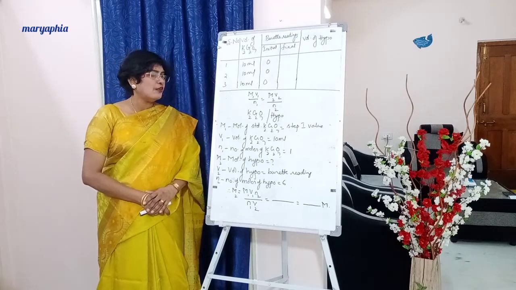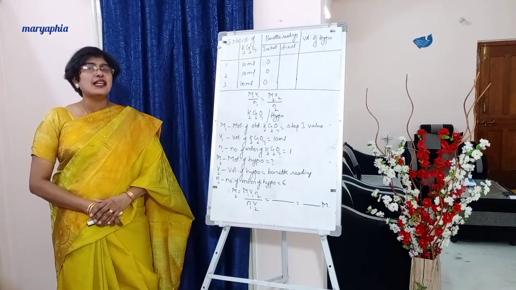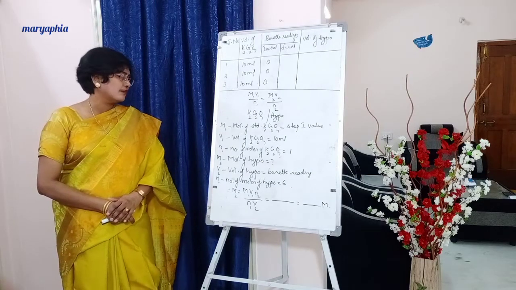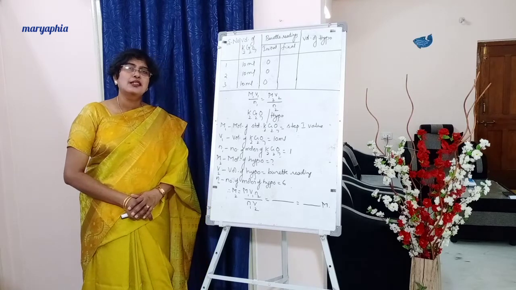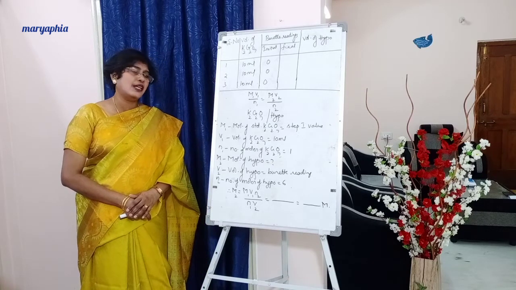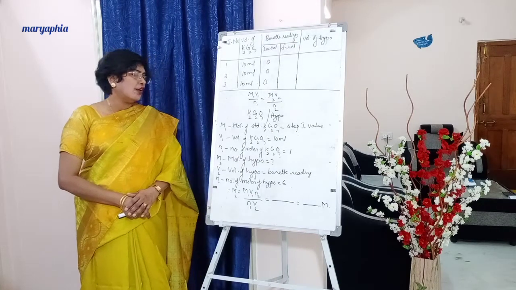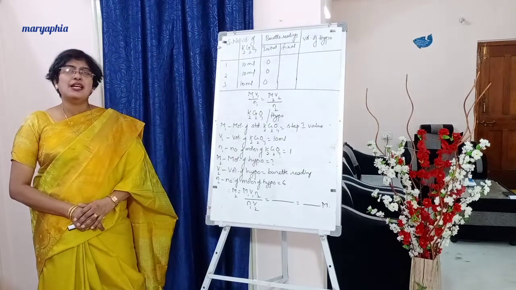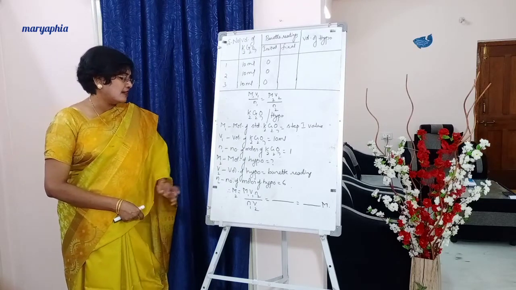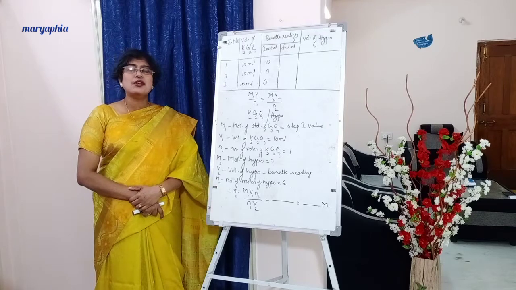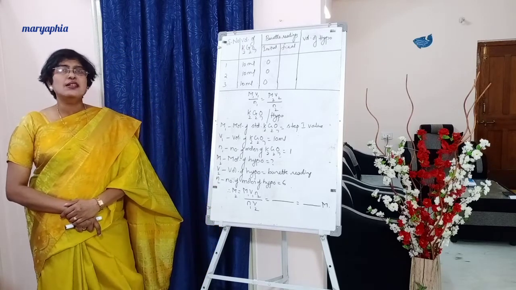N1, number of moles of K2Cr2O7 from the reaction, is equal to 1. M2, molarity of hypo, which is to be calculated, is equal to question mark. Next, V2, volume of hypo, that will be our burette reading. Last, N2, number of moles of hypo from the reaction, it will be equal to 6.